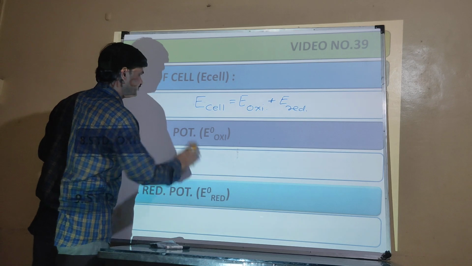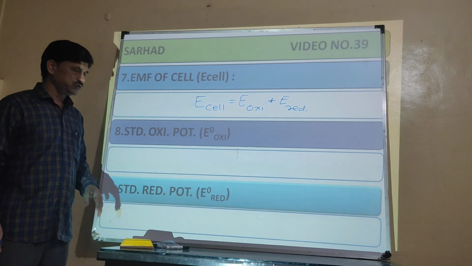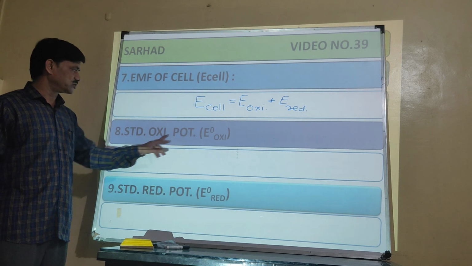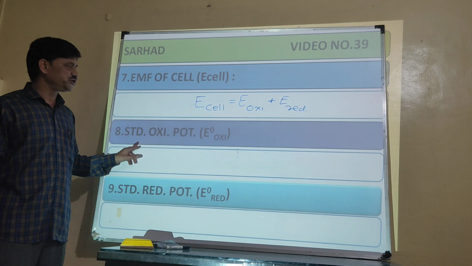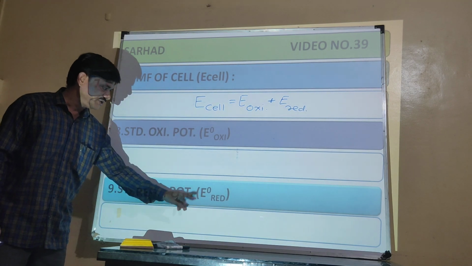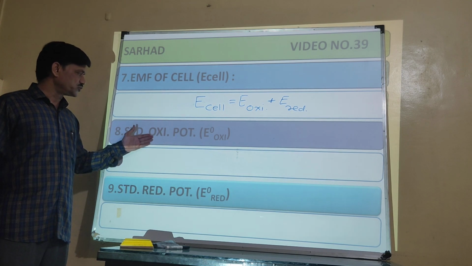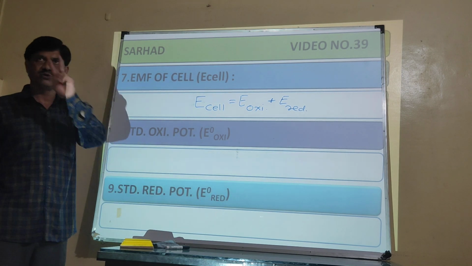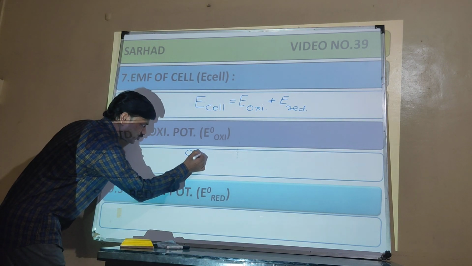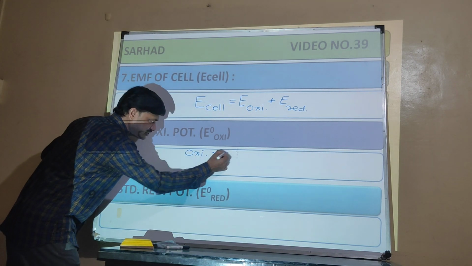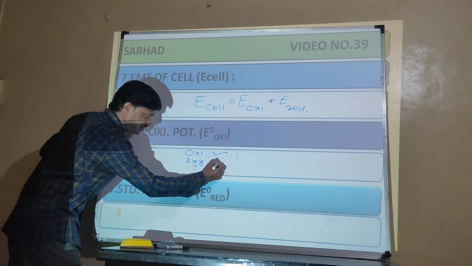What about the next one? That is standard oxidation potential. We already defined these two terms, oxidation potential and reduction potential. What about the symbolic notation? E naught oxidation, E naught reduction. In addition to the responsible factor, oxidation and reduction, we are going to make use of two important conditions. At what temperature? 298 Kelvin.